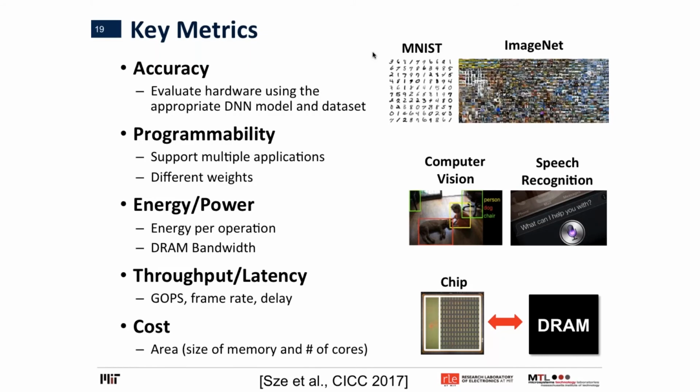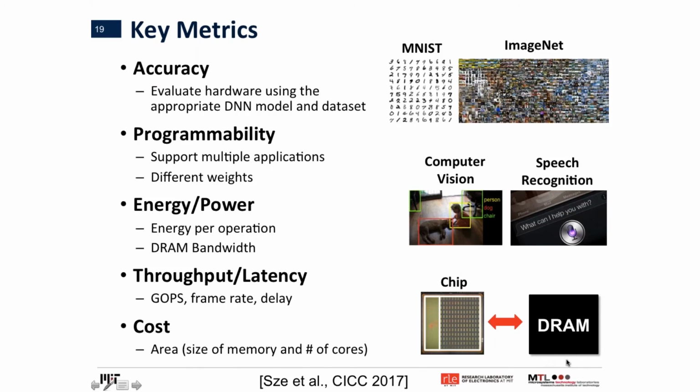The next thing, which gets closer to what we're going to focus on today, is energy and power consumption. Obviously on these embedded devices, we have limited battery life, as we mentioned, so we want them to be energy efficient. And in the data center, you don't want to dissipate too much heat, so you need to be power efficient, so reduce the power consumption. One thing I want to highlight is that often when we're looking at these systems, we should consider not just the hardware, the chip itself, but also the off-chip memory.